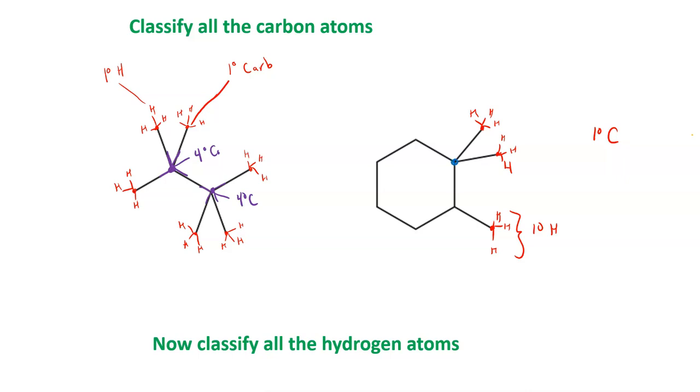Here, this carbon at the center is attached to 1, 2, 3, 4 carbons. So this is a quaternary carbon, and it can't attach to any hydrogens because it's already got 4 attachments. This carbon here has 1, 2, 3, so this is a tertiary carbon. That means it also has to have 1 other hydrogen attached to it, and that hydrogen will be a tertiary hydrogen because it's attached to a tertiary carbon.